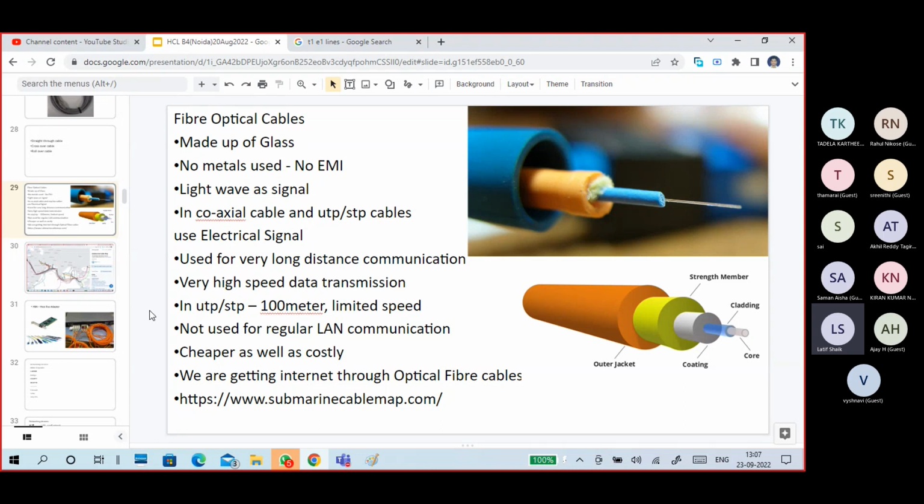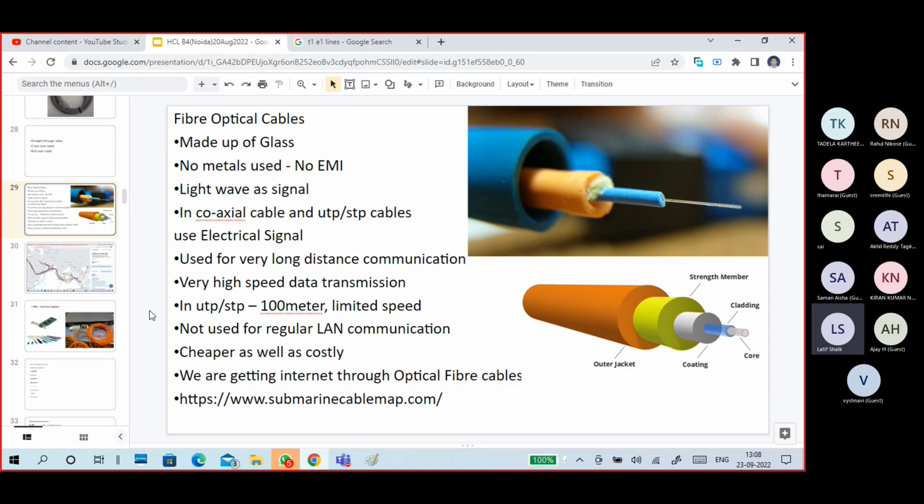Like an organization maintaining a SAN, storage area network, they use fiber optical cables in a SAN. Server to server communication, data centers, they use fiber optical cables. Why? Because they need high speed data transmission.